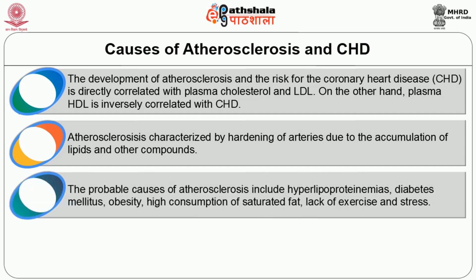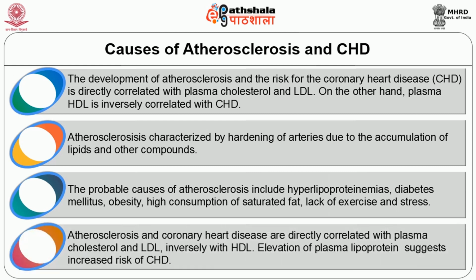The probable causes of atherosclerosis include hyperlipoproteinemias, diabetes mellitus, obesity, high consumption of saturated fat, lack of exercise and stress. Atherosclerosis and coronary heart disease are directly correlated with plasma cholesterol and LDL, and inversely with HDL. Elevation of plasma lipoprotein suggests increased risk of CHD.